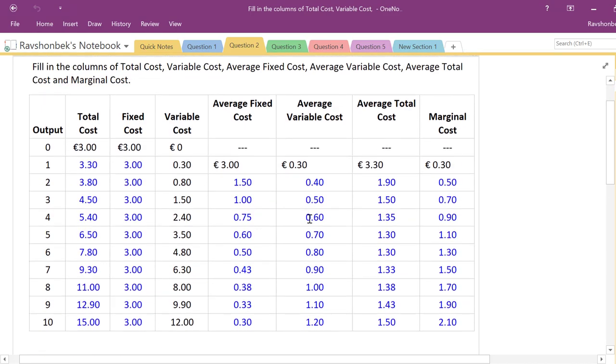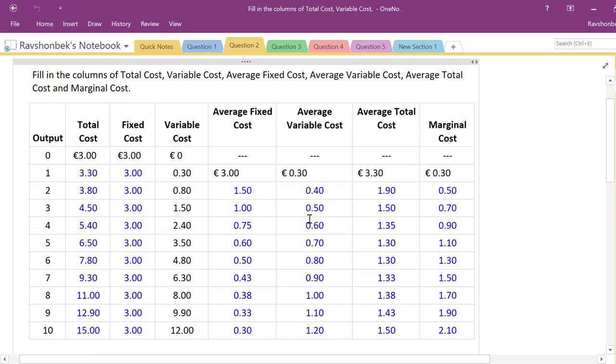Here is question number 2, which, if you remember, asked us to fill in this table. The blue cells were the missing ones, but because it takes a huge, long time to do this manually, I decided to put in the typed answers.